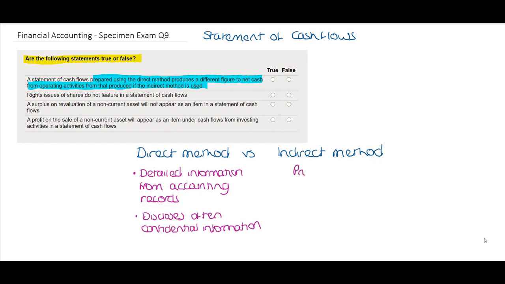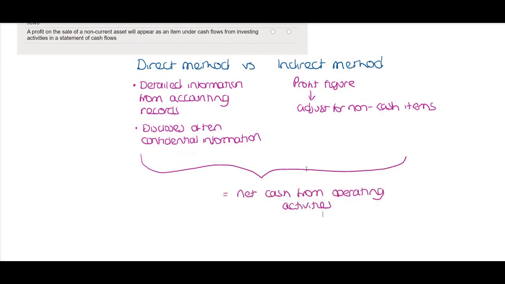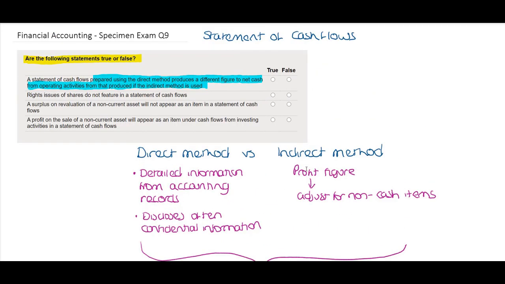The indirect method starts with the profit figure in the financial statements, and then it makes adjustments for the non-cash items, removing those items that are not cash related in order to reach the net cash from operating activities. Both of these methods will give you the net cash flow from operating activities.